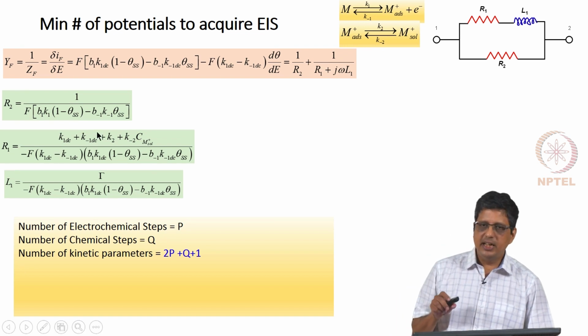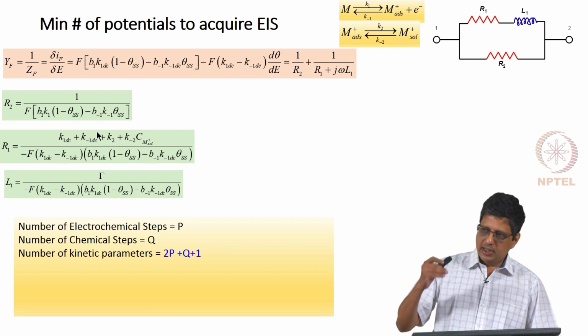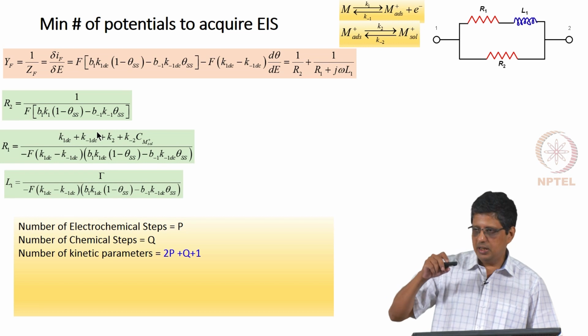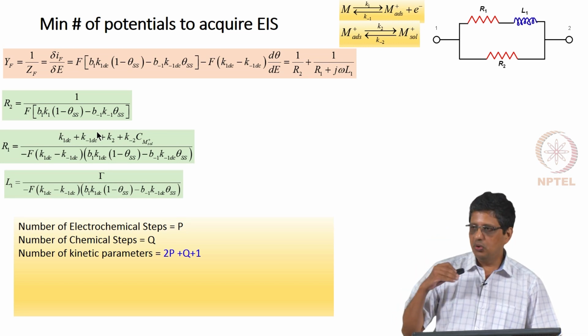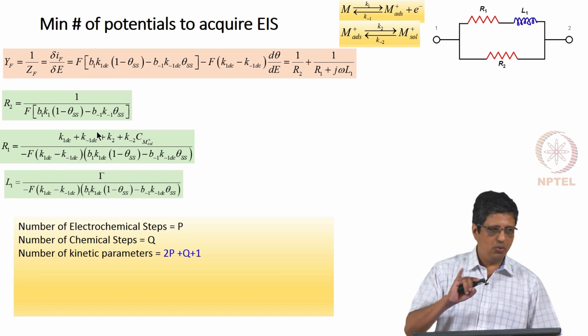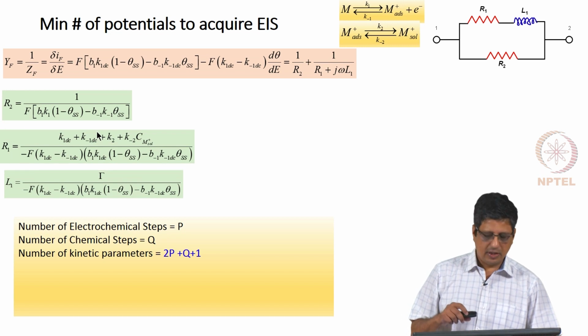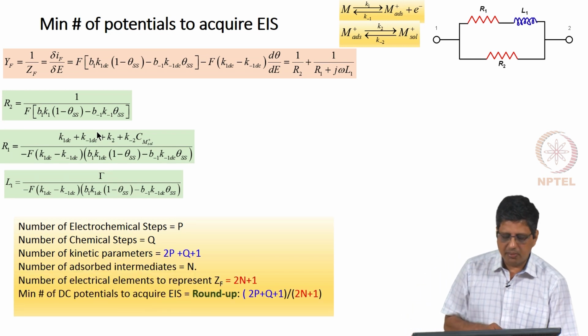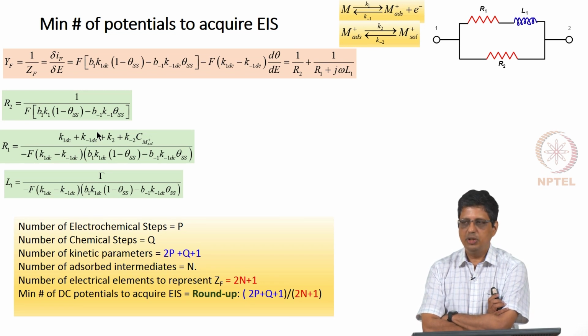Each adsorbed intermediate will give me 1 Maxwell pair, and in any case I have 1 RP or RT in parallel with all this. Even if I have no adsorbed intermediate, a straightforward reaction, 1 resistance is there. Each adsorbed intermediate will add a Maxwell element. So, if I have N adsorbed intermediates, the total number of electrical elements present is going to be 2N plus 1.